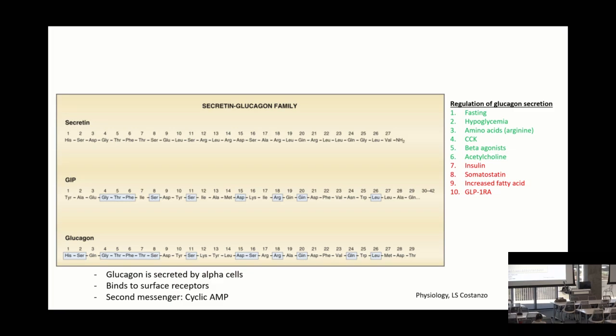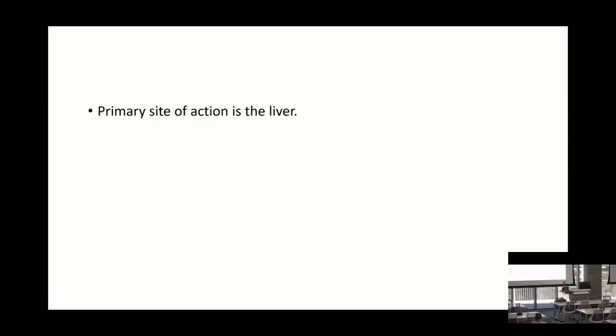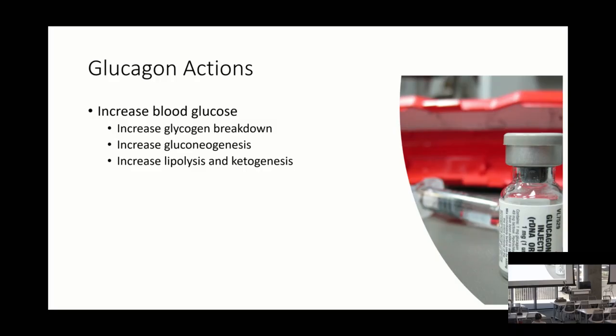GLP-1 receptor agonists suppress it as well. The primary site of action is the liver, and glucagon increases blood glucose. In the hospital you'll see it a lot in patients with diabetes who take insulin and have accidental hypoglycemia. You can use glucagon to treat hypoglycemia, because glucagon increases glycogen breakdown and leads to rapid mobilization of glucose through different mechanisms.